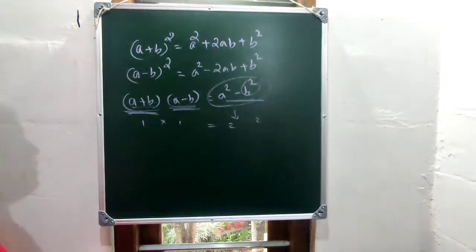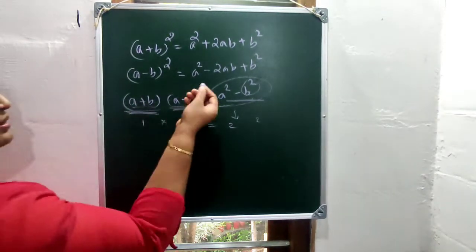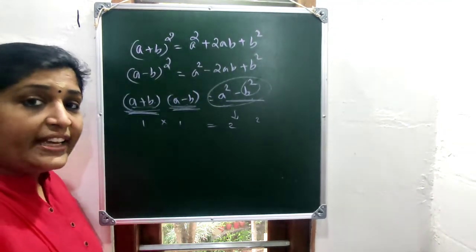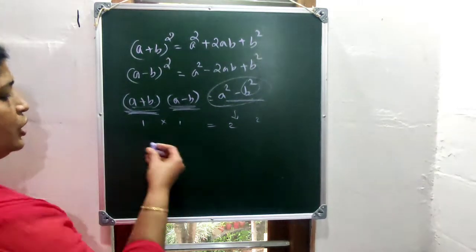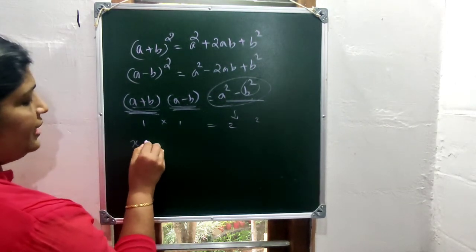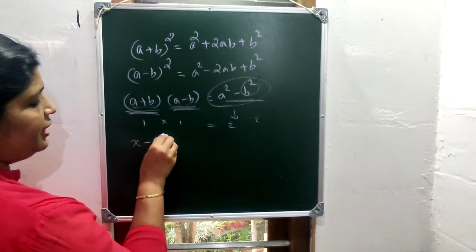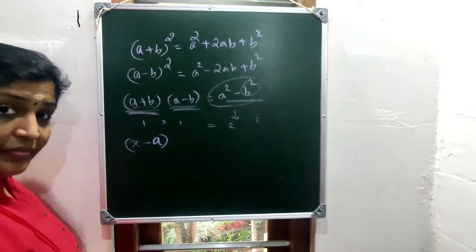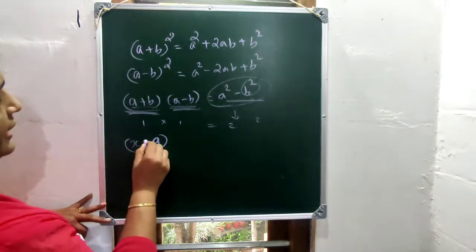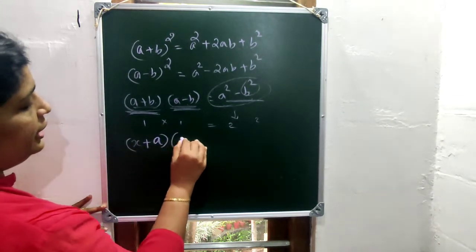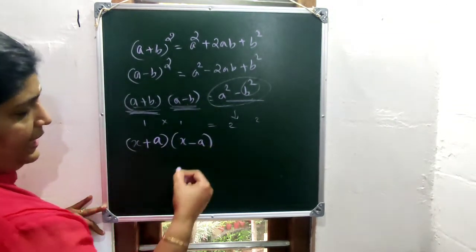Okay, so we know this result, (a plus b) into (a minus b) is equal to a square minus b square. So instead of a, here I am going to take x, and instead of b, here I am going to take a. Okay, so (x plus a) into (x minus a).